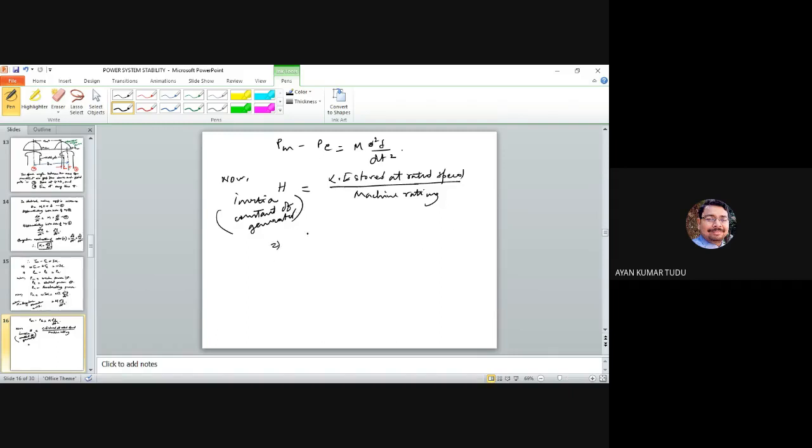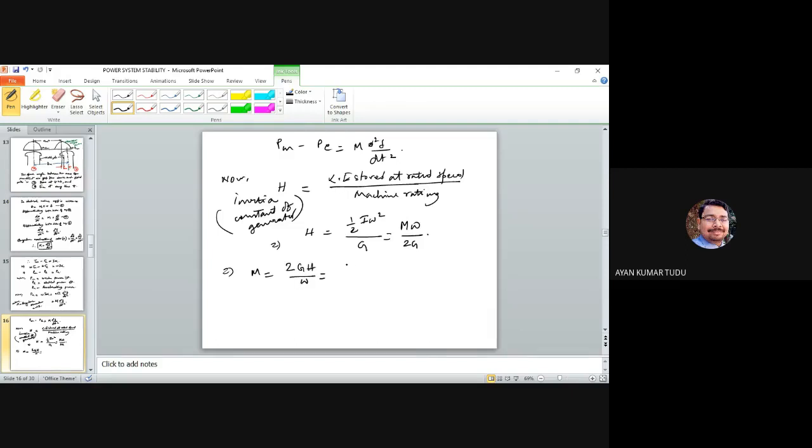So H can be written as follows. Kinetic energy means half into I omega square, and the machine rating is G. So I into omega is M, and H equals M omega by 2G. So M is equal to 2GH by omega.